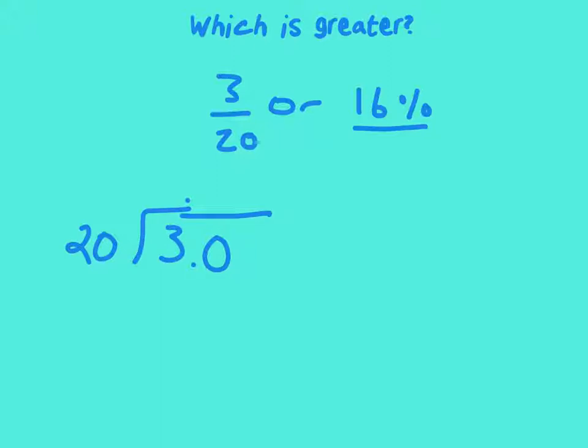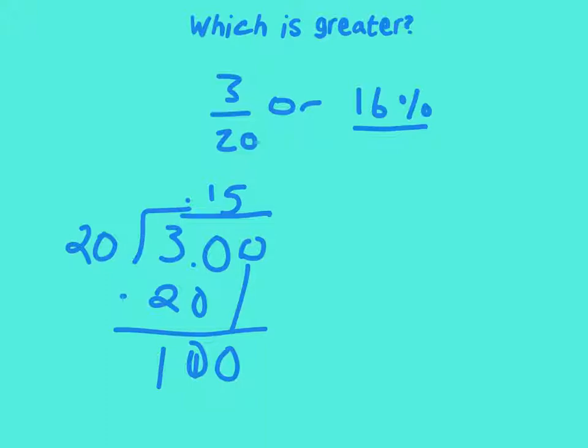20 goes into 30 one time. 20 times 1 is 20. Subtract, oops, that's going to be 0. That's going to be 1, sorry. Bring down the 0. 20 goes into 100 5 times, so now I have 0.15. And I want to change this into a percent, so I move it 2 times, and I get 15%.